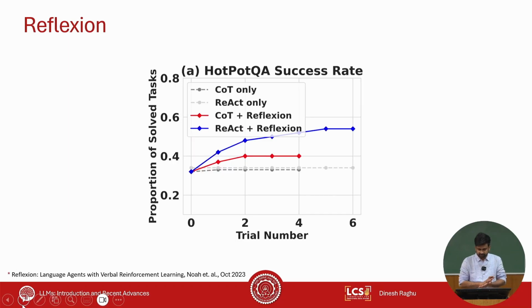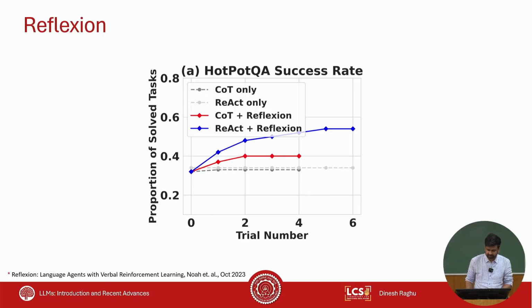So here is the evaluation of different types of agentic and non-agentic workflows. CoT only is the only non-agentic workflow they have, and what they show is that it doesn't matter how many times you iterate, it's still going to be almost the same, somewhere close to a little above 0.3.